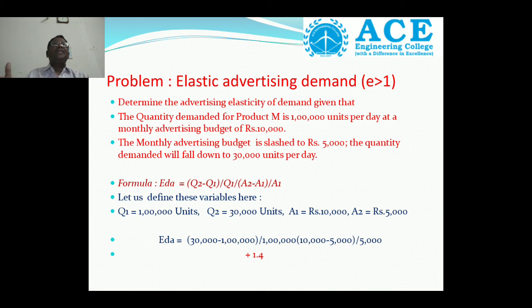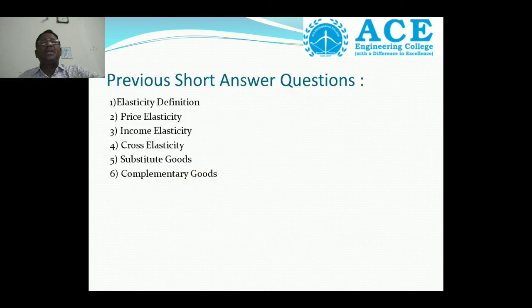Income elasticity, and then we discussed the problems. On the basis of whatever we discussed in this session, what are the previous short answer questions from this topic? Elasticity definition, price elasticity, income elasticity, cross elasticity, substitute goods, then complementary goods.